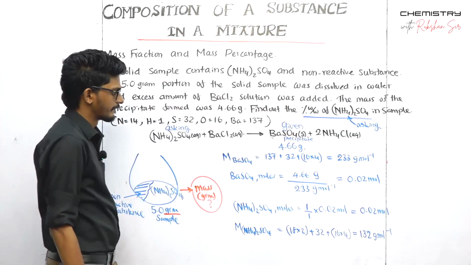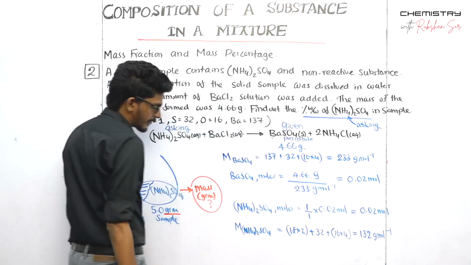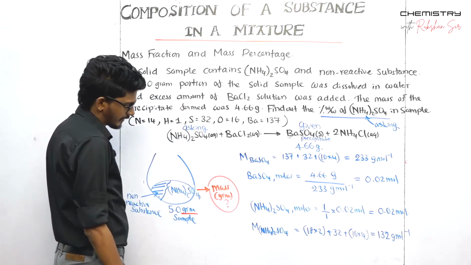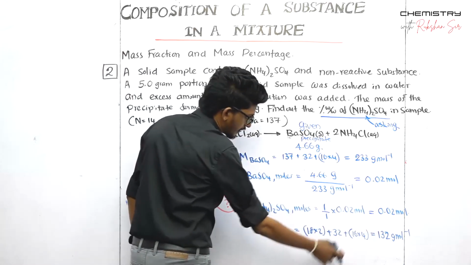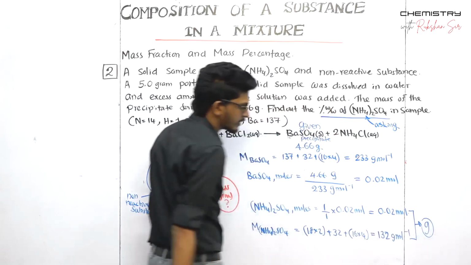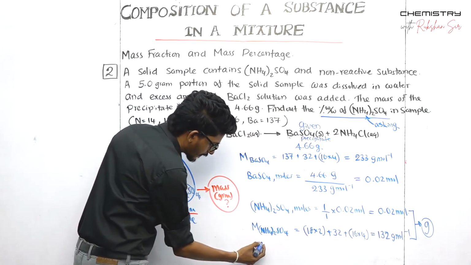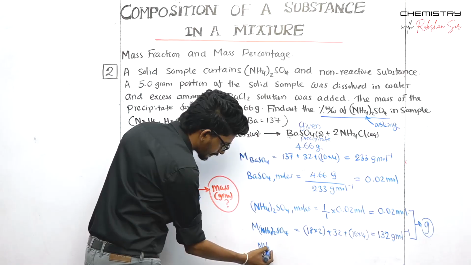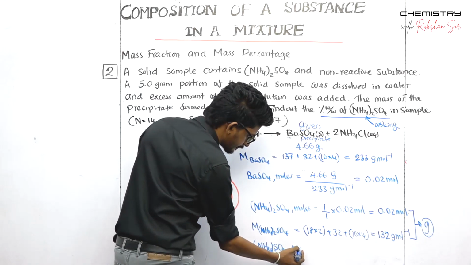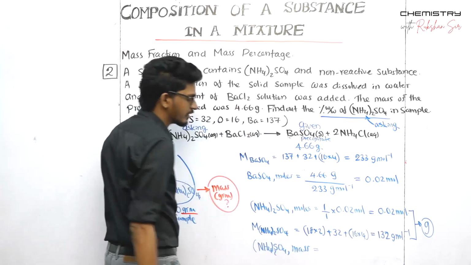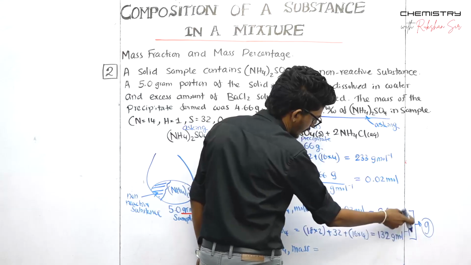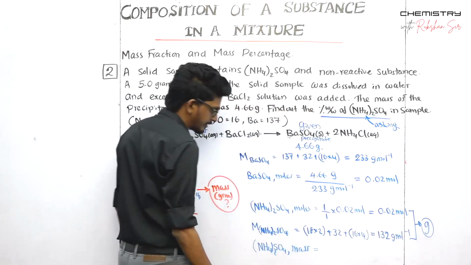Then we can come up with the grams of ammonium sulfate with the use of that value as well as the number of moles. These two values will lead you to grams. So the ammonium sulfate mass is equal to, you need to multiply these two to get rid of the mole thing and come up with the grams.